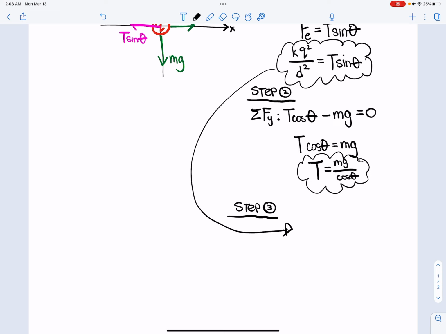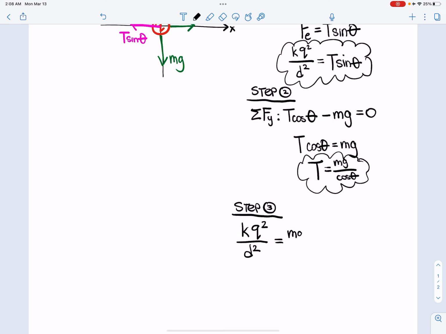So that's going to be k q squared over d squared equals mg over cosine theta times sine theta. So I just substituted T with mg over cosine theta since I solved that in step 2.